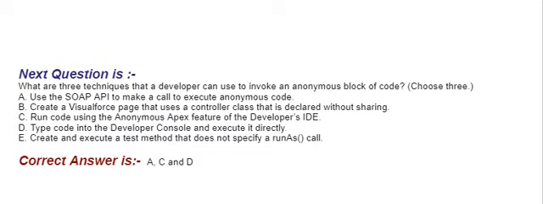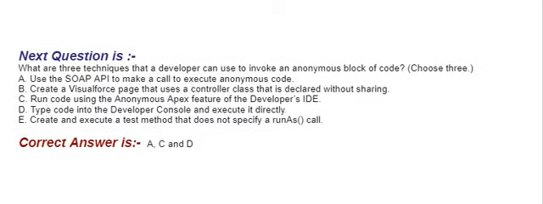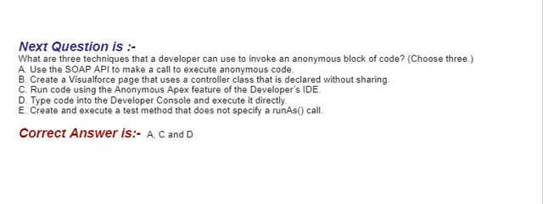Next question is, what are three techniques that a developer can use to invoke an anonymous block of code? Choose three. Option A. Use the SOAP API to make a call to execute anonymous code. Option B. Create a Visualforce page that uses a controller class that is declared without sharing.